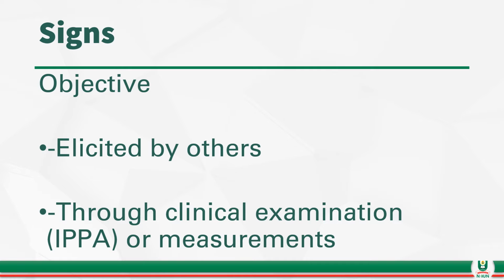You take measurement of blood pressure, take temperature, whatever the findings are all called signs. So signs are usually objective and they are found out by medical professionals from examining a patient.